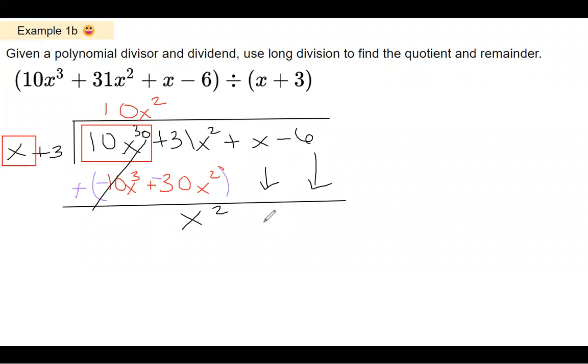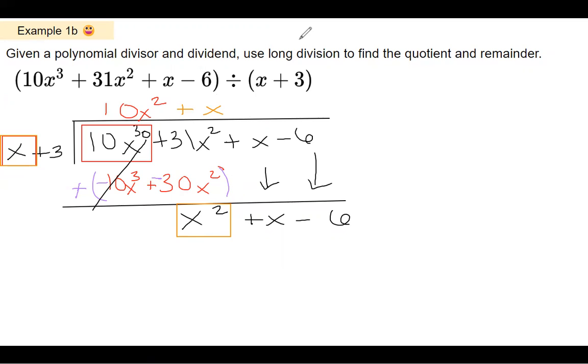Bring down our values before we do that. So plus x minus 6. Okay, now what term do I focus on so that I know what to multiply the entire term by? x to the power of 2. All right, so let's see. x to the power of 2, what do I need to multiply x by so it can become x to the power of 2? x, so let's go ahead and write plus x.